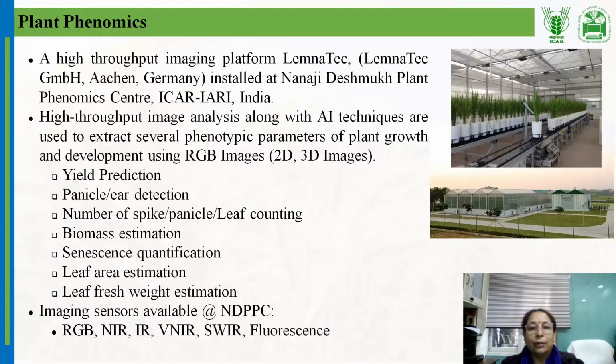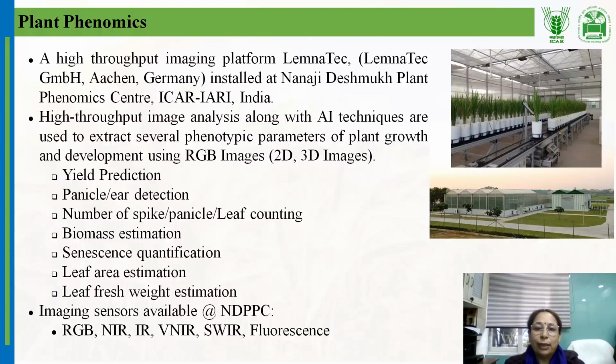These are some screenshots of the Phenomics Center. We have different types of sensors available: RGB sensor, NIR sensors, infrared sensors, very near infrared sensors, and fluorescent sensors. These studies have been carried out with the help of this high throughput plant phenomic facility.